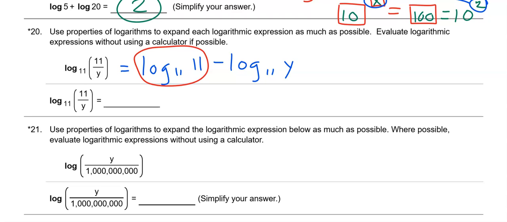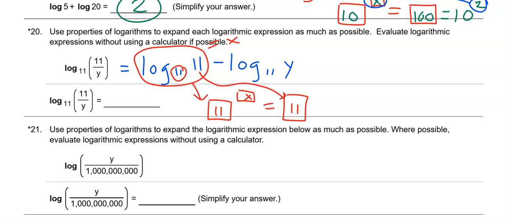Is that part that I circled in red something that can be simplified? Can we rewrite it into its exponential form, something to the something power equals something else? Remember I told you to set it equal to x. The base is 11, the exponent is x, and it equals 11, right?